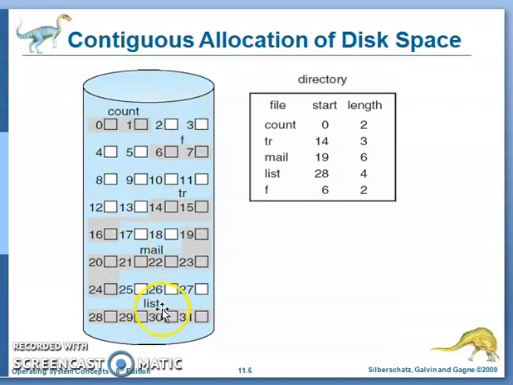Totally 15 blocks are free, but the longest run of continuous blocks is 6. So if you require 7 continuous blocks, that is not possible. Even though the total free blocks are 15, you can't store the test file with a length of 7 blocks. That is the problem with continuous allocation of disk space.